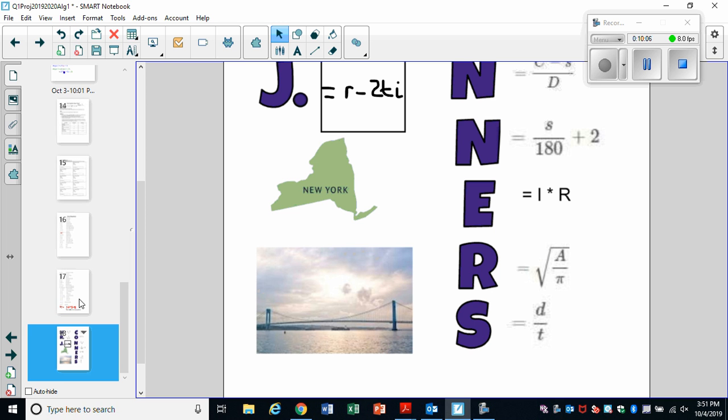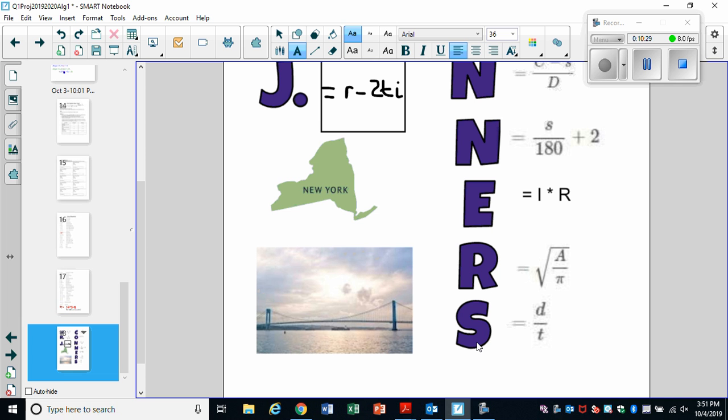So for instance, S equals D over T. This was from speed times time equals distance. So you can say that speed times time equals distance.